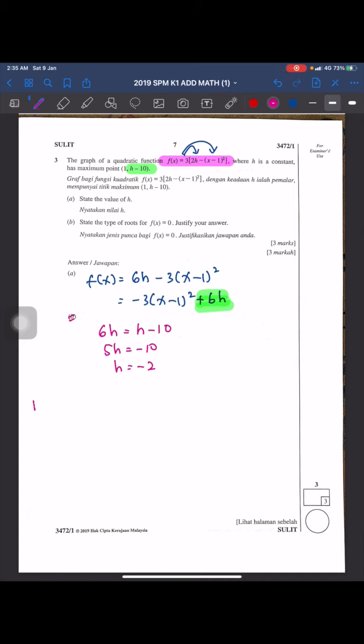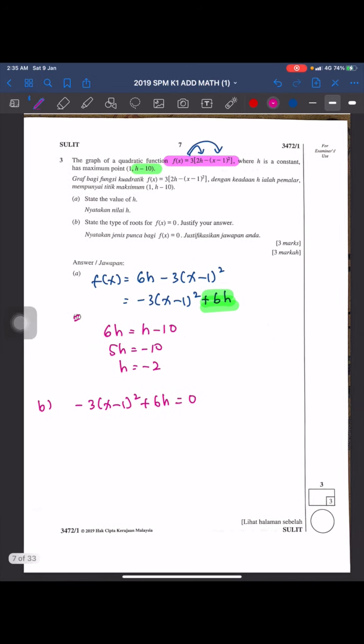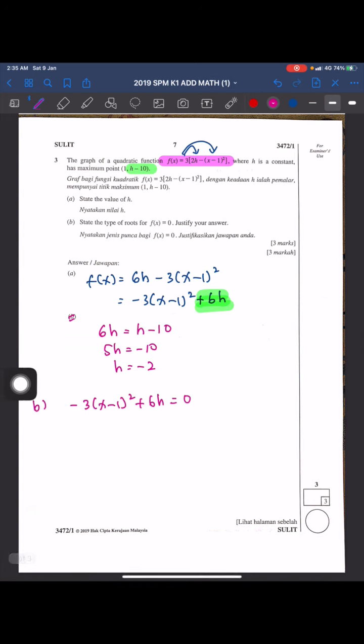Okay, next kita tengok untuk B pula. State the type of roots for f(x) equals to 0. So kita samakan dengan kosong dulu kita punya equation. So negative 3(x minus 1) square plus 6h is equals to 0. Saya expand dulu the first part. So kita akan dapat negative 3 x square minus 2x plus 1, plus 6h tadi dah dapat negative 2.